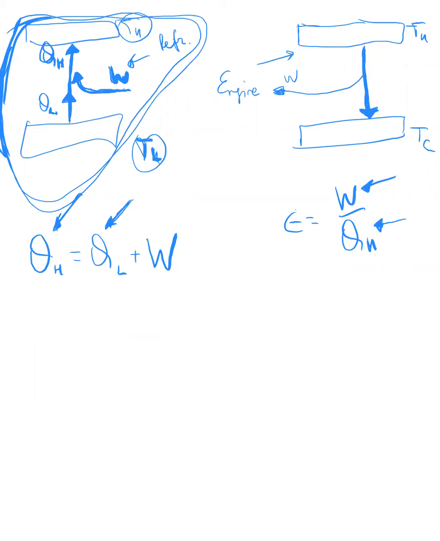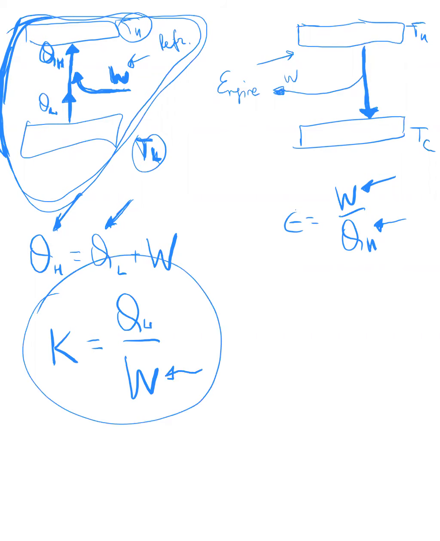For refrigerators, it makes sense to define the coefficient of performance, K, to be QL divided by W. This is because for refrigerators, we actually want to perform the least amount of work and move the most amount of heat. So the amount of heat removed divided by the work, if this number is high, that's good. If this number is low, then it's not as good.